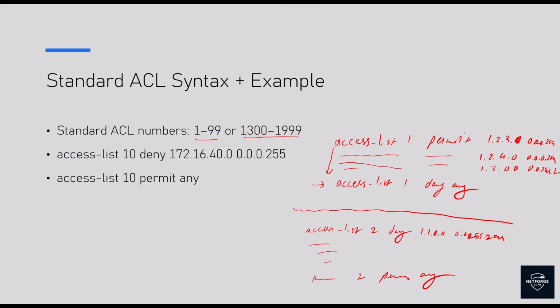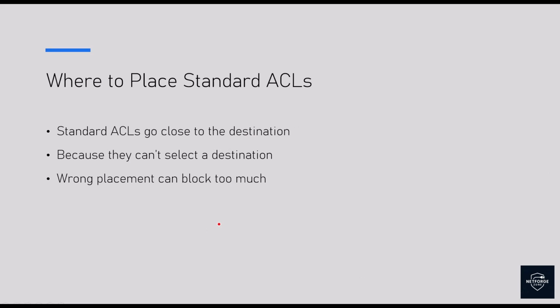This permit any means that any traffic that is not denied already is going to be permitted. I have to write this permit any. This permit any is not something implicit. If I do not specify that, the rest is going to be denied. So everything is going to be denied. So be very careful about this. And like I said, we are going to check this in later videos.